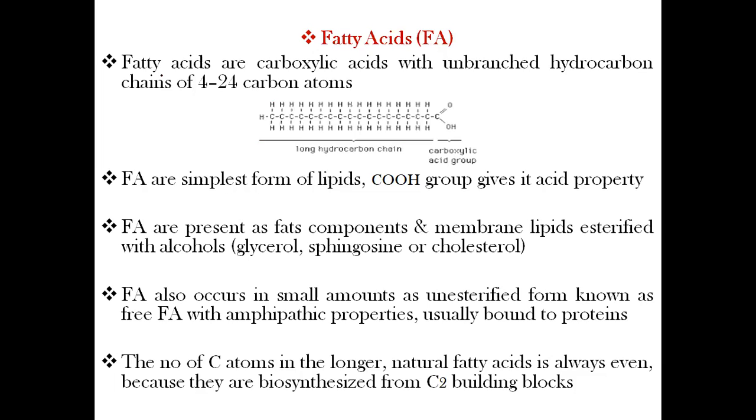So what are fatty acids? Fatty acids are carboxylic acids which contain unbranched hydrocarbon chains of approximately 4 to 24 carbon atoms. You can see in this figure a typical example of a fatty acid.